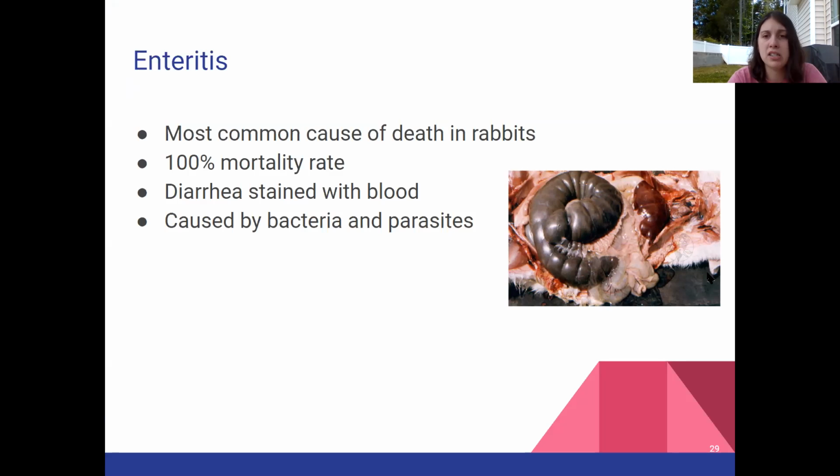It can be caused by bacterial infections or by parasites. Because it's in the intestines, you're going to see feces stained with blood. There's no treating it. There isn't really anything you can do because a lot of times you don't catch it until it's too late.